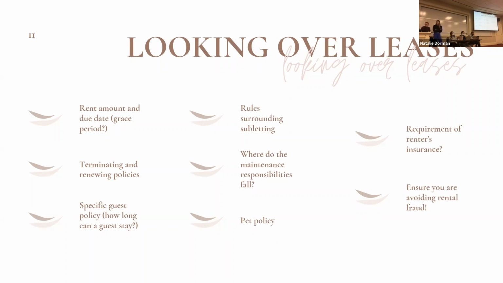Finally, most places will require that you have renter's insurance. It's also just a good idea to get that in case of anything happening, because basically it's protecting all of your stuff and your belongings inside the apartment, or wherever you're renting, from anything that might happen.